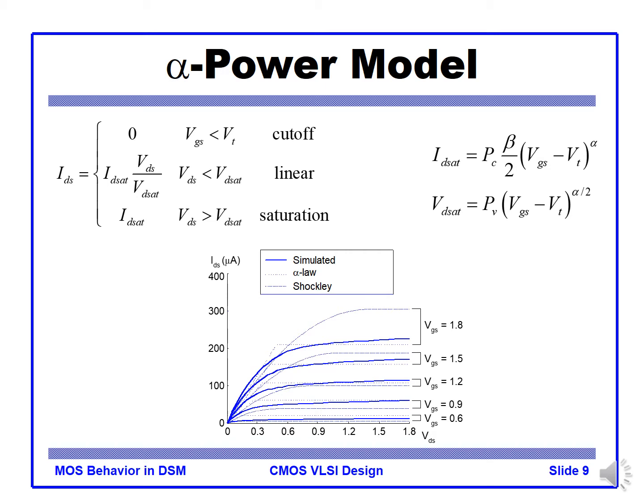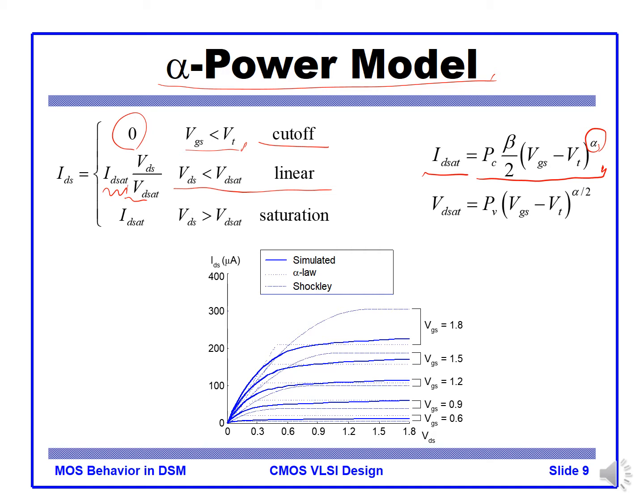So we can rewrite the transistor behavior equation using the alpha power model here. For cutoff, VGS less than VTH, the current is 0. In the linear region, there is ID_sat, the saturation current, defined like this, but instead of a square, we define alpha there.